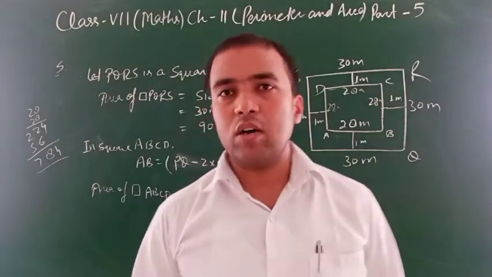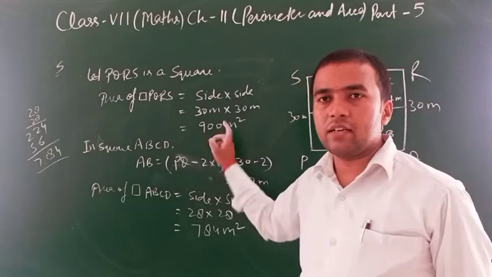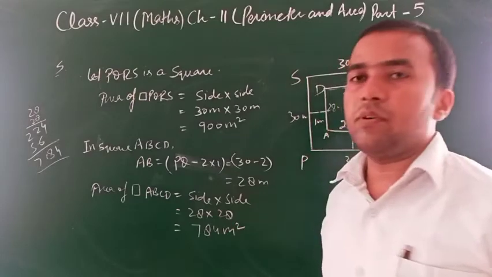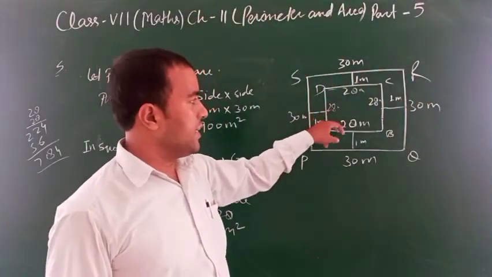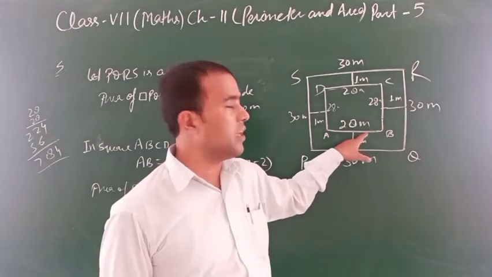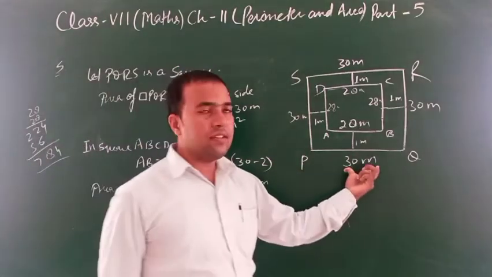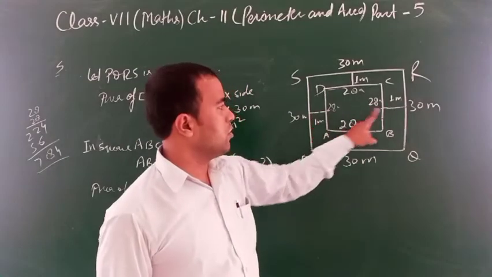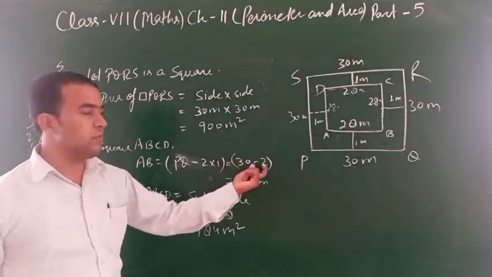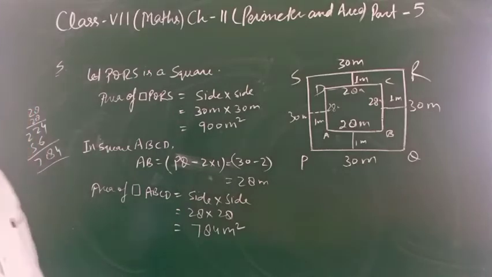So the area of the first square PQRS is 900 meter square, and the area of ABCD is 784. In ABCD the side is not given, so first we solve for the value of AB. AB is PQ minus 2 into 1, which means 30 minus 2 equal to 28 meter. Clear?